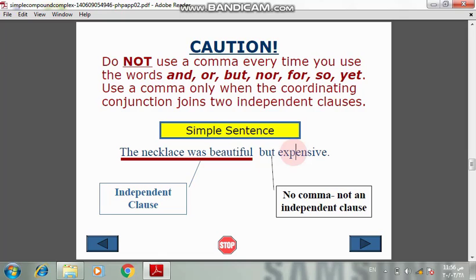It's not a whole sentence. So you don't have to use a comma here. But if we have two independent sentences joined by a coordinating conjunction, forming a compound sentence, you need to use a comma right before the coordinating conjunction.